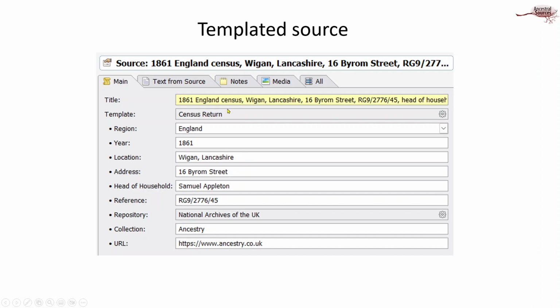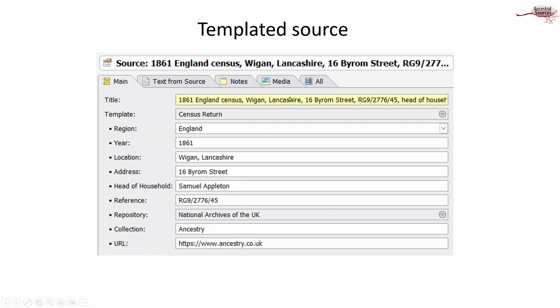So it just allows us to have a much more structured reference for our source, rather than having to try and structure it in some way within the title of the source. There is a title for the source, we can see it at the top, but that title is typically automatically generated for us using the template. So the title is built up from the individual fields that are here.